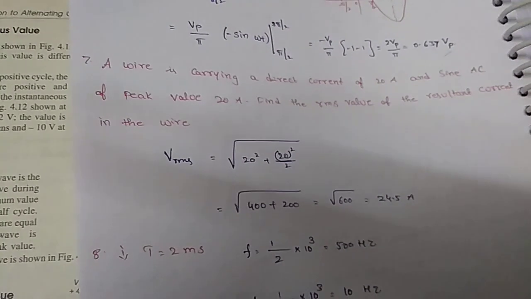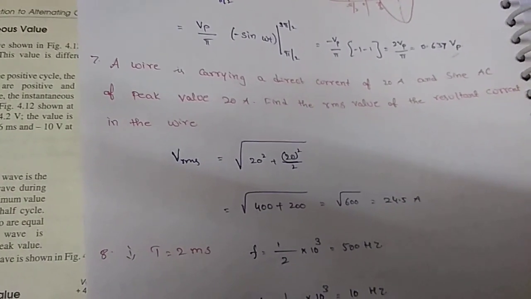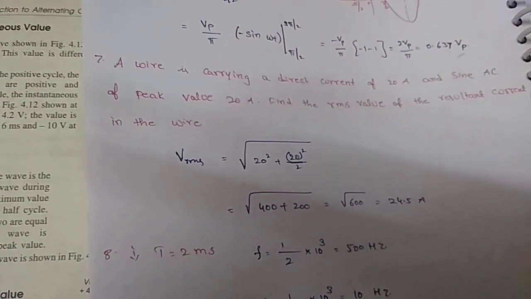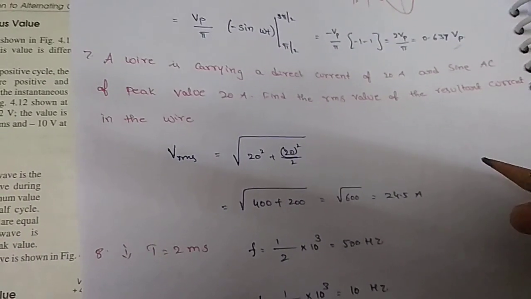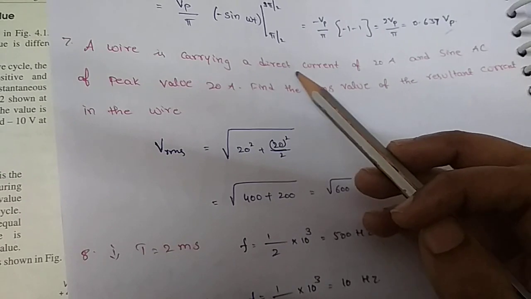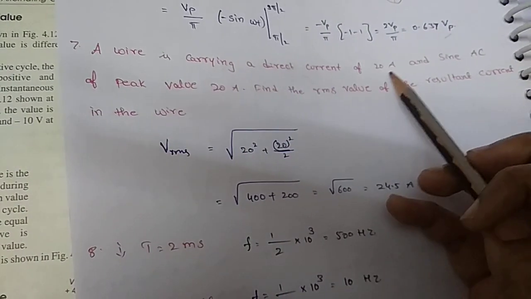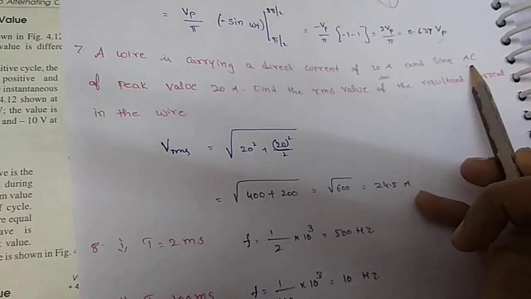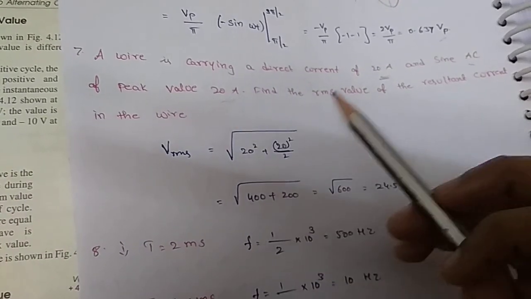And again here they want to calculate the RMS value and total resultant current. If I have a waveform with a DC quantity and an AC quantity, just observe this. The wire is carrying 20 amperes of DC current and, at the same time, 20 amperes of AC current.